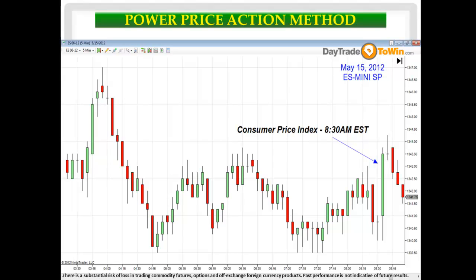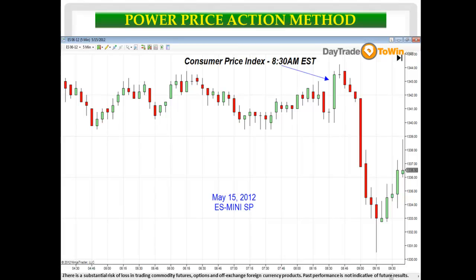So the typical trader, not to say anyone here in the room does this, will see this as it's happening and say, I'm buying it because this looks great, right? Well, if you bought it, that's what happened.